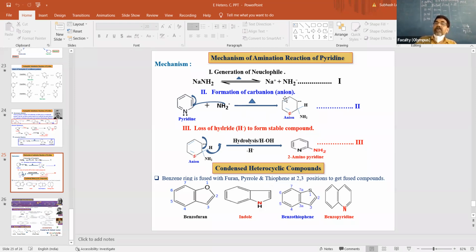Then there is formation of a carbanion, an anion formation. Pyridine attacked at the 2 position forms an anion, which is a highly unstable compound, and then there is loss of hydride ion, followed by hydrolysis with water, and you obtain the 2-amino compound.